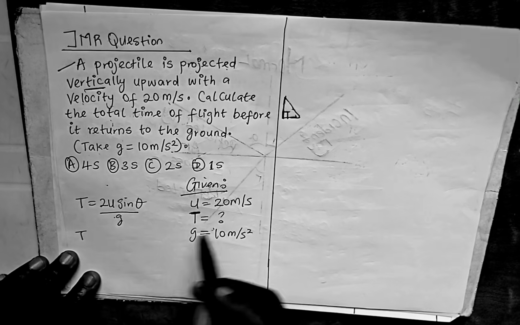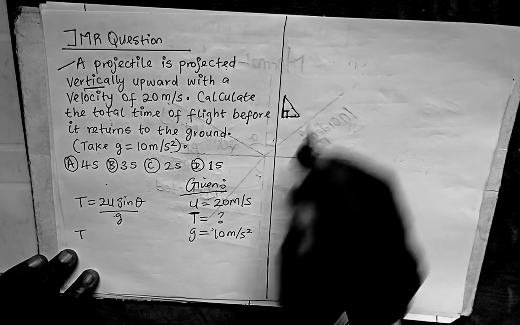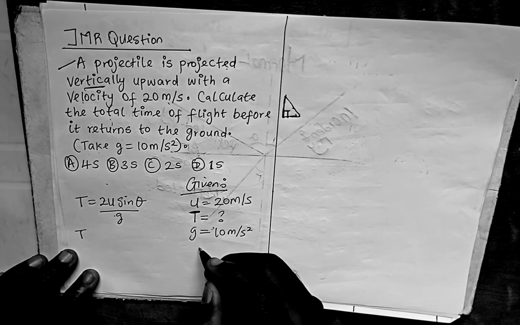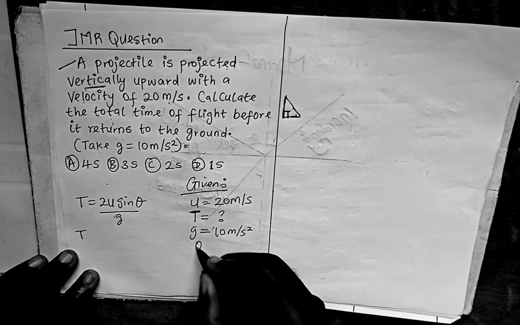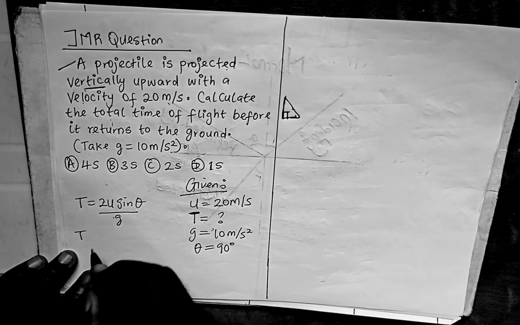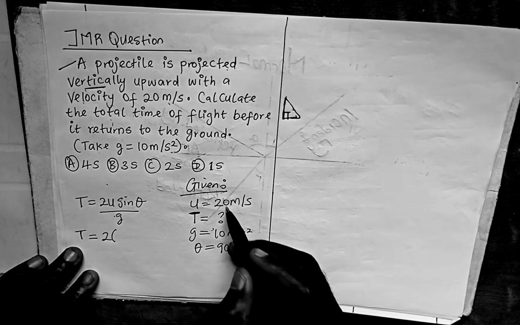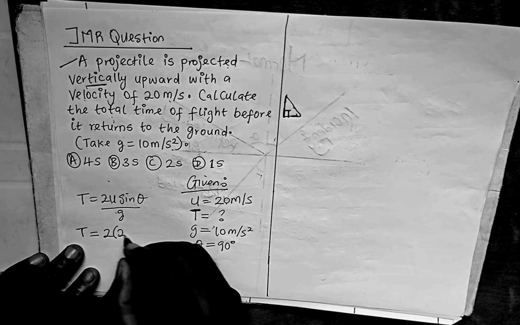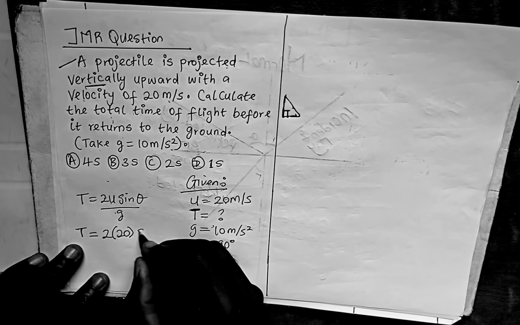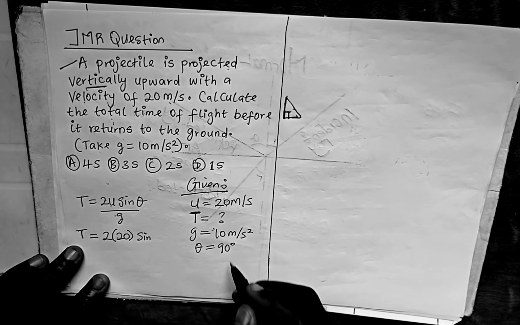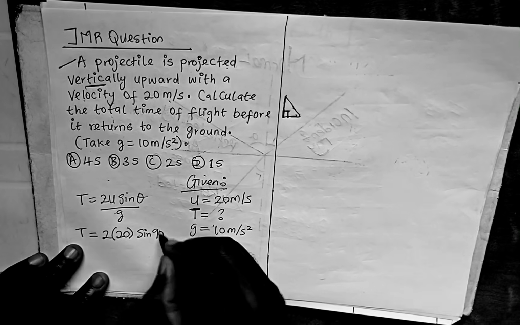So T, we will now substitute. Remember, it was projected vertically upward. So it's projected at angle 90. Okay? So theta is equal to 90 degrees. So T is equal to 2 times, we put initial velocity u, 20, bracket close. Sine theta, what is our theta? 90. What is sine 90?